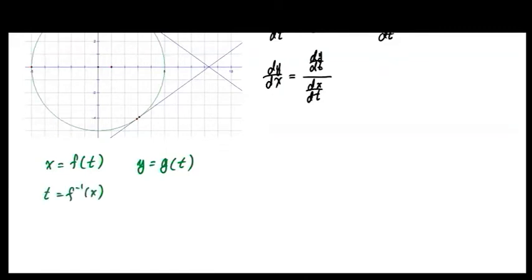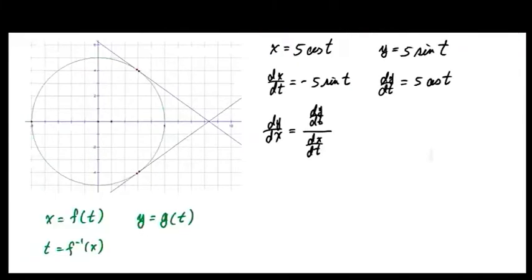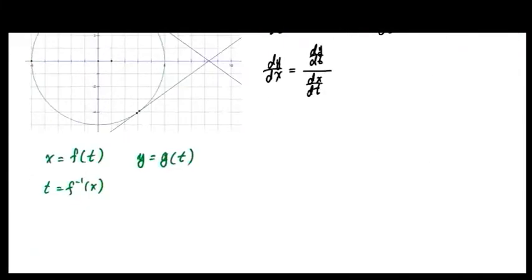That makes sense to you? In our case, that t would be inverse cosine of x over 5. You know what I'm saying? So if x is a function of t, then we can make t a function of x by finding the inverse, eh? Say yes. Okay, then we take that and substitute it right here.